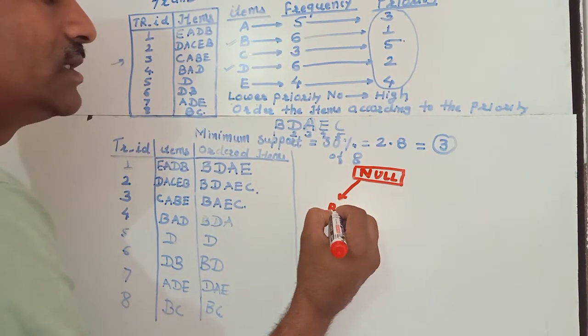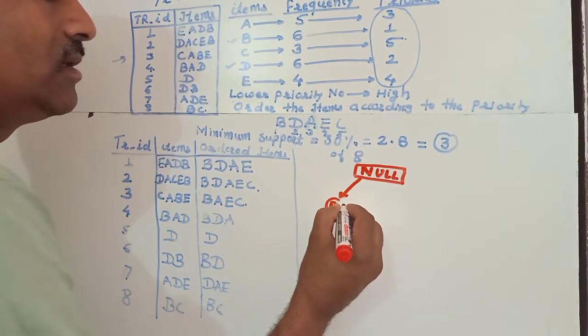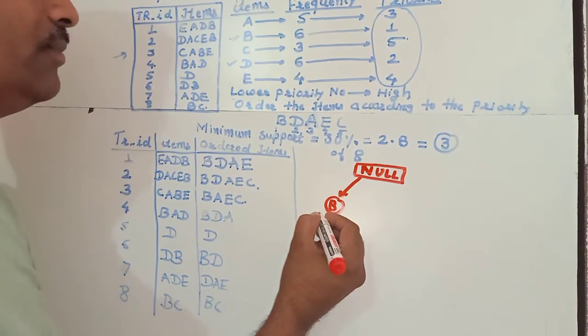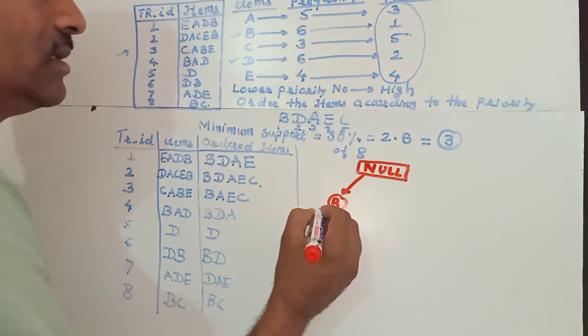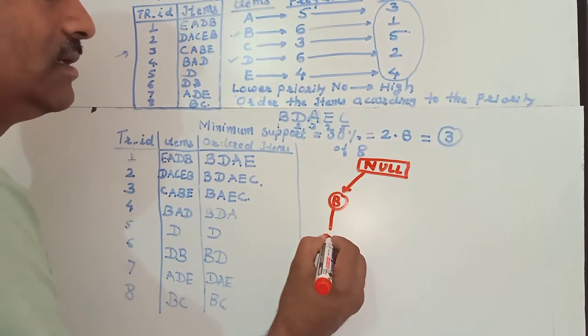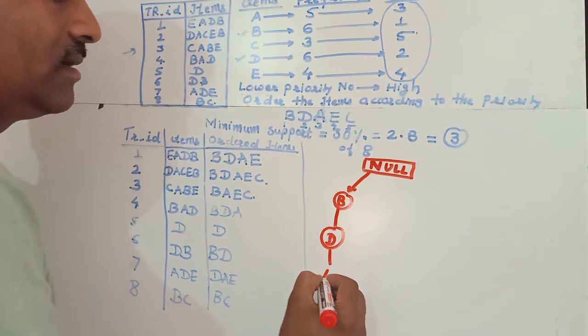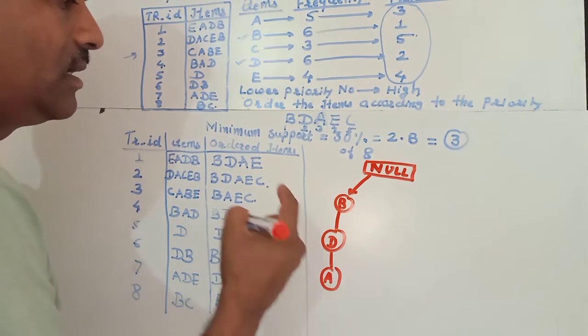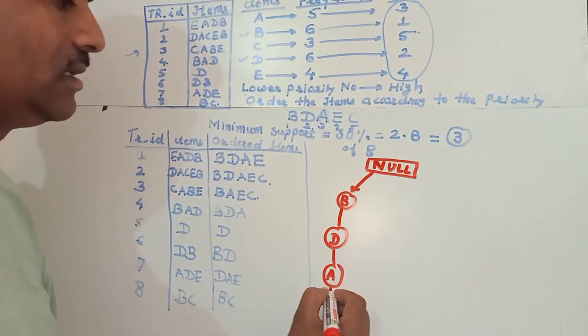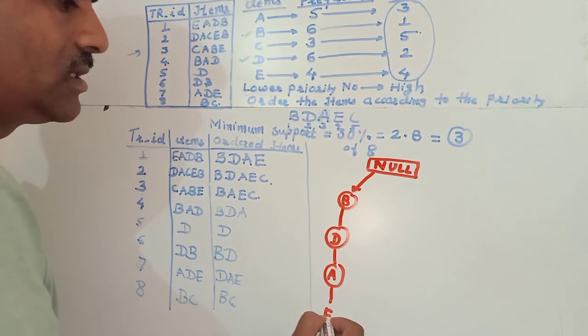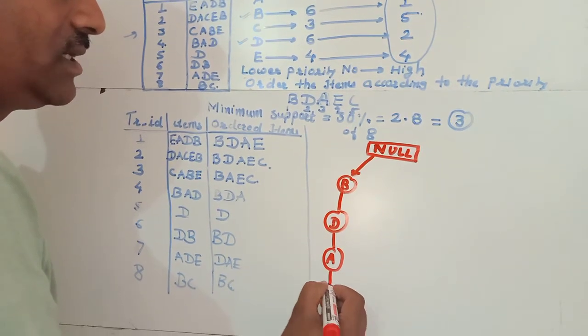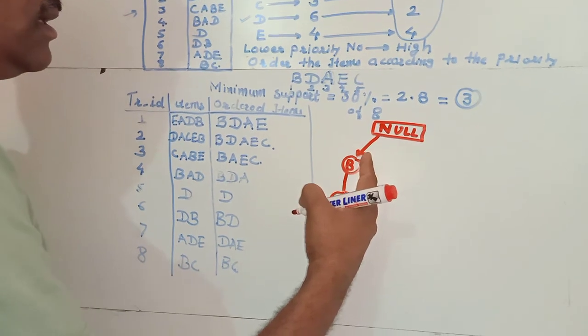First the item B comes in, then thereafter comes D, after that A, and last is E, right? So this is how we extend the FP tree starting from null.